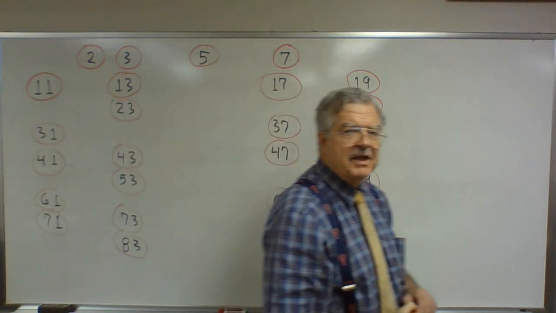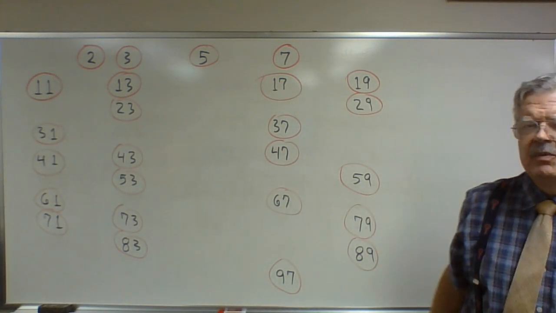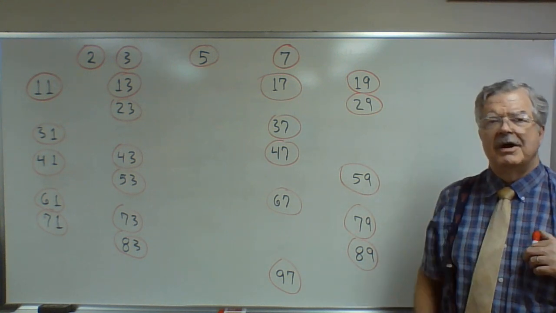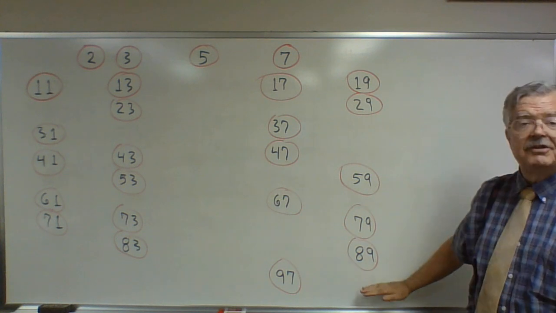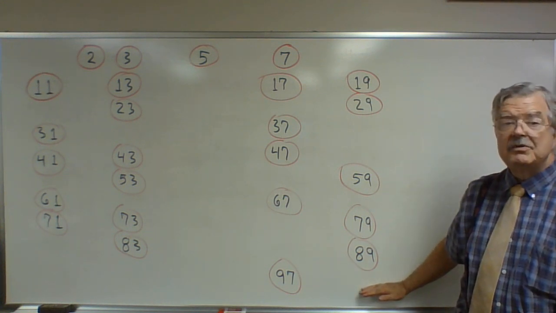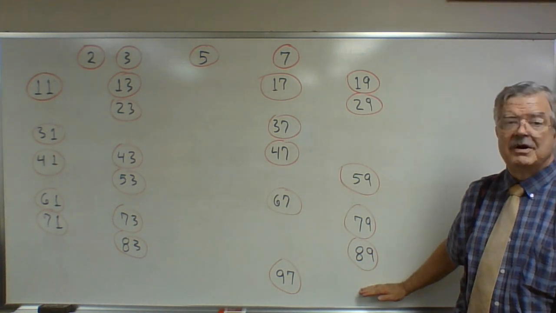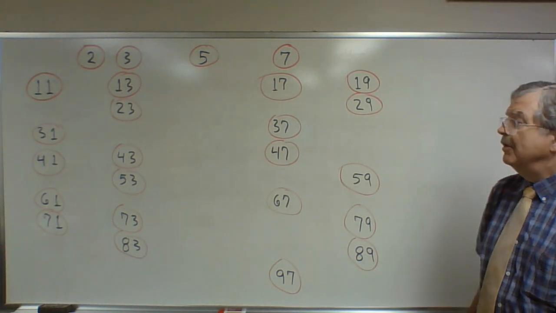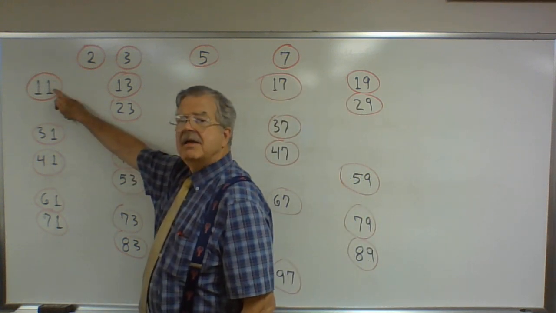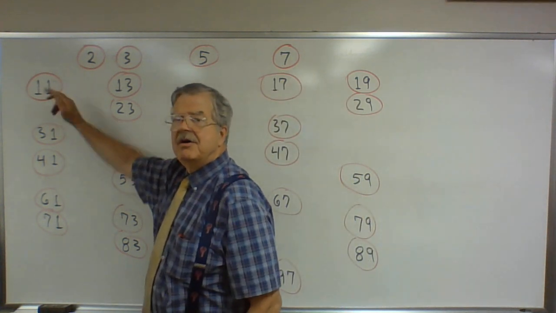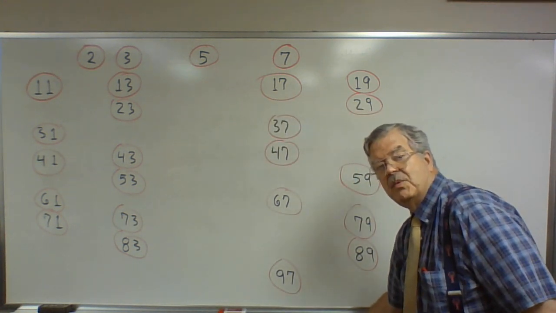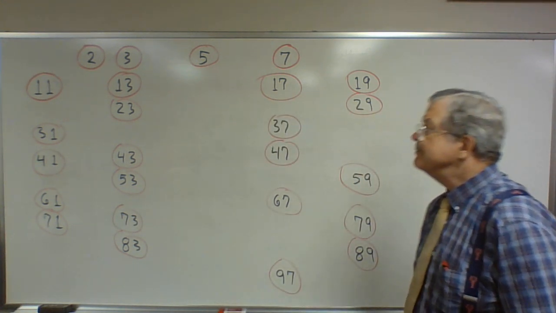Now, let me just say, just so that we get the full notion of what I'm talking about, suppose this list hadn't stopped at 100. Suppose that this list had gone to 200. Well, then guess what? When we came to 11, we'd say, you know what, 11 squared, that's 121. And way down here at 121, we get rid of that.